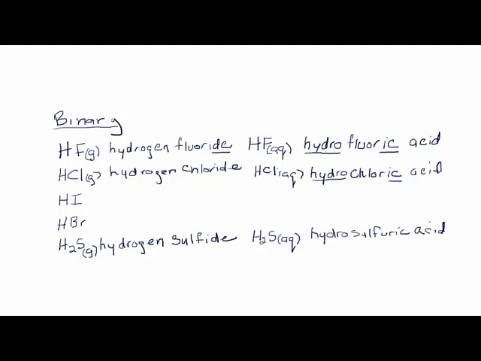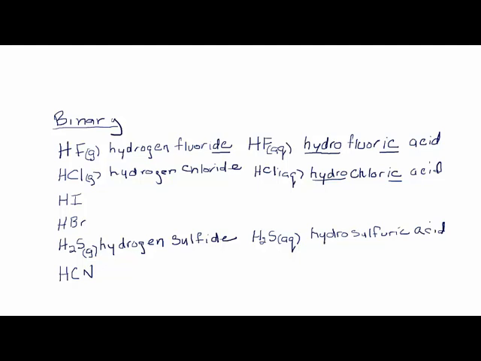Now, there are acids that do not follow this rule, and let me point this one out. So here we have hydrogen with cyanide. So this isn't binary, right? We have hydrogen, we have carbon, we have nitrogen. It's not two things, it's three things.